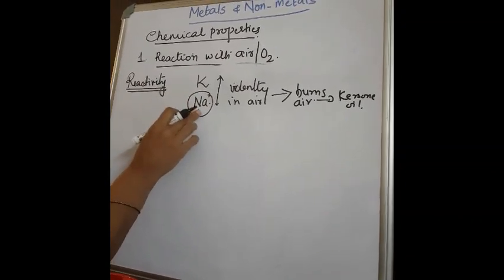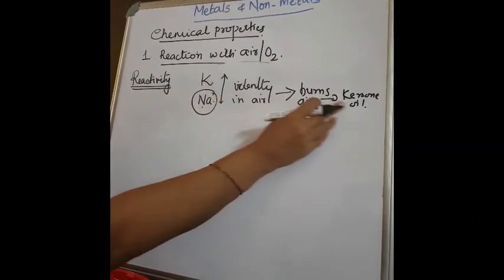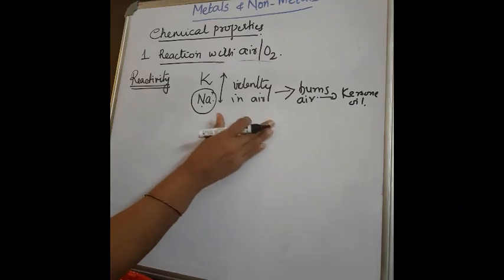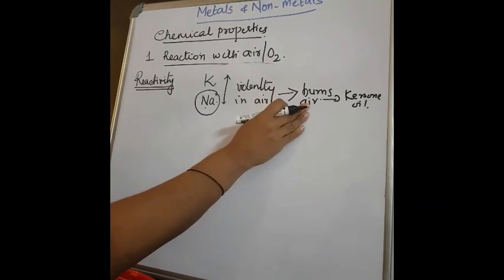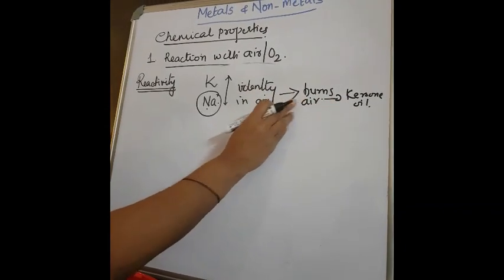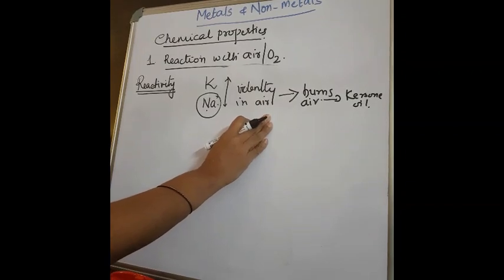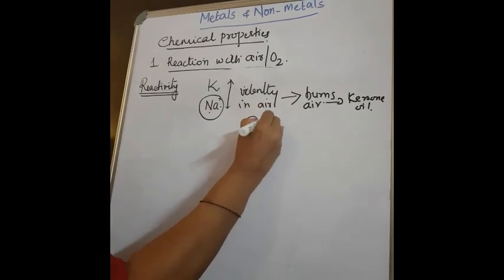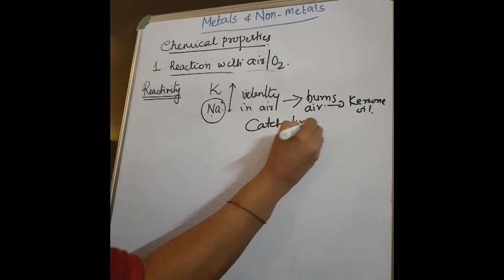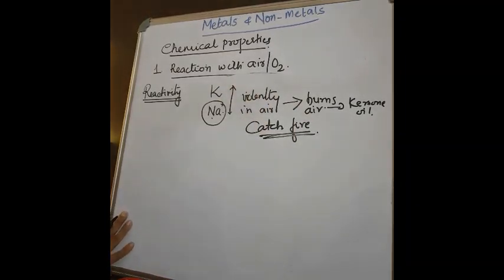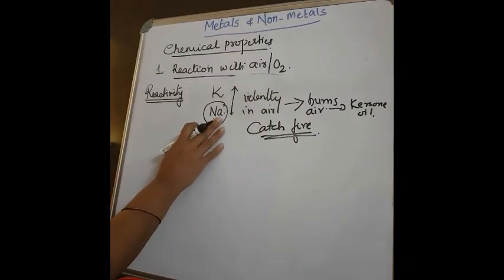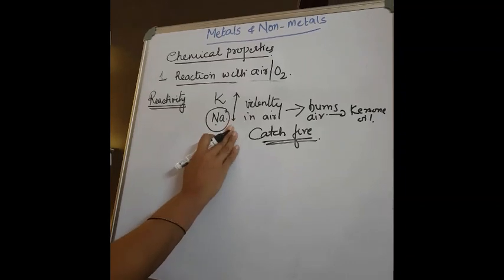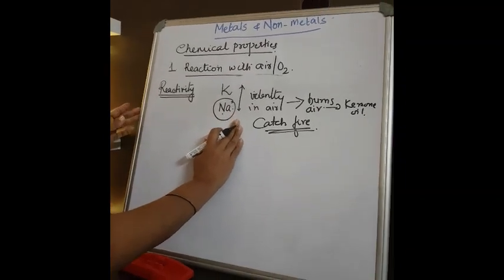We keep the sodium in kerosene oil. Why? Because it cuts off the air. If it comes in contact with the air, what happens? It will catch fire. That's the main point. I can show you the reaction once we are in the class. We will have that class, then I will show you.